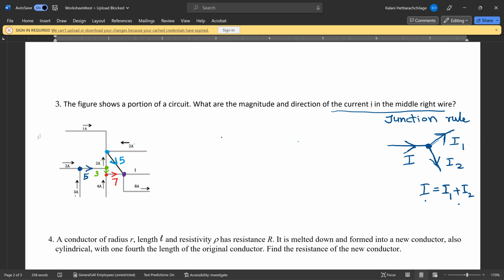They are not equal. 7 and 5 is 12. 8 is the only out one. Then that means I should have another outgoing current that should be 4, right? Because 7 plus 5 is 12, and 12 minus 8 is 4. Okay, so your answer is I equals 4 amps to the right.